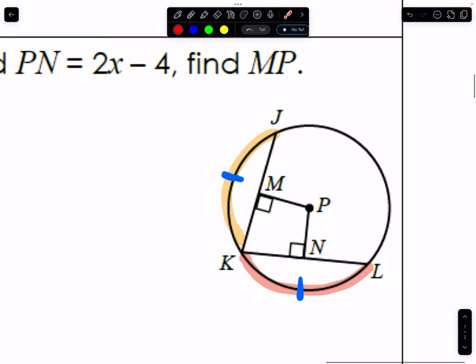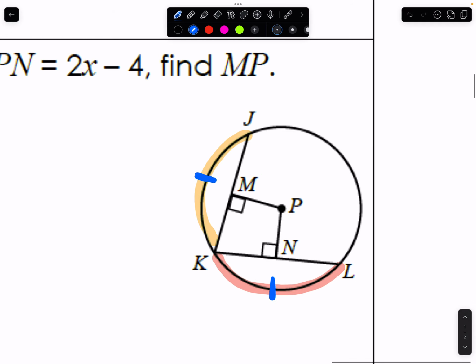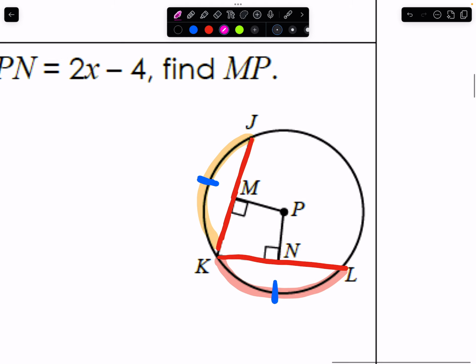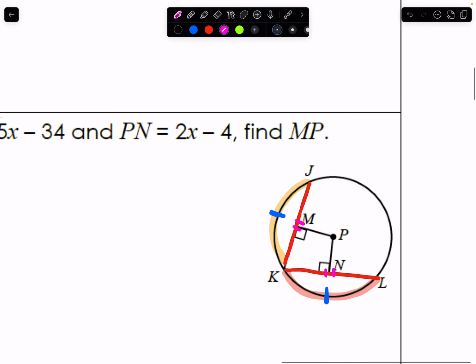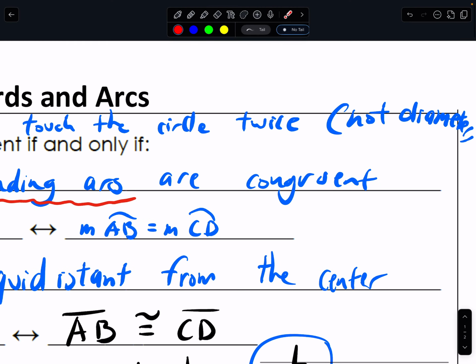Because these arcs are congruent, this chord JM is also equal to this chord KL. I'll mark it with a 2. But I still don't have enough, because it's giving me MP and PN, so we need to go one more layer on this onion.